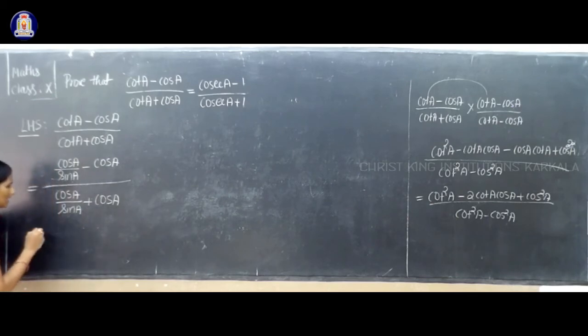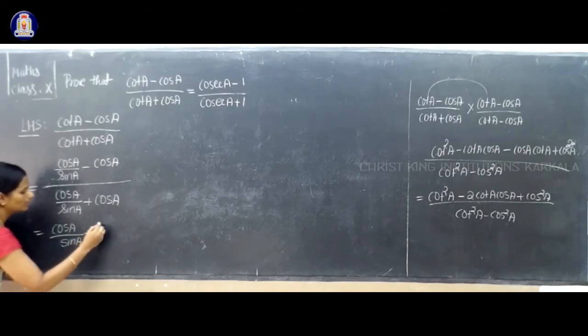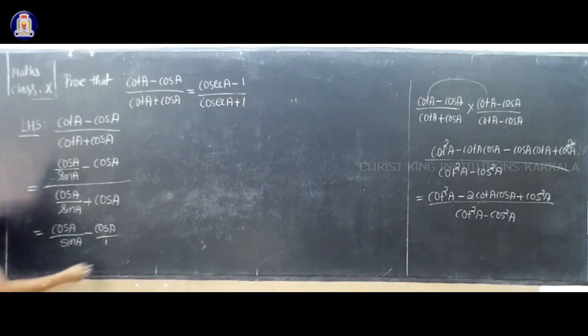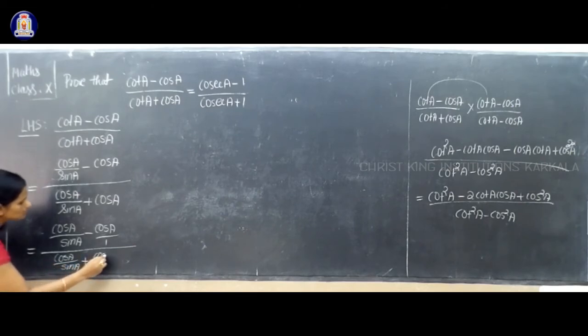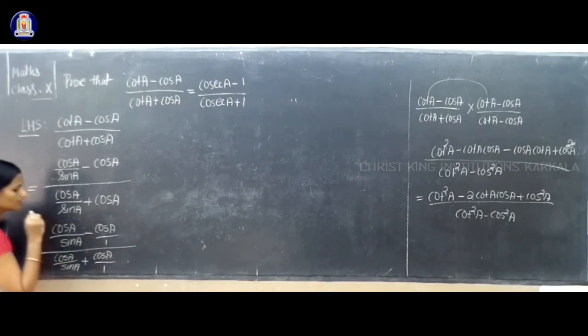I will write it as cos A divided by sin A minus cos A divided by 1, the whole divided by cos A divided by sin A plus cos A divided by 1.